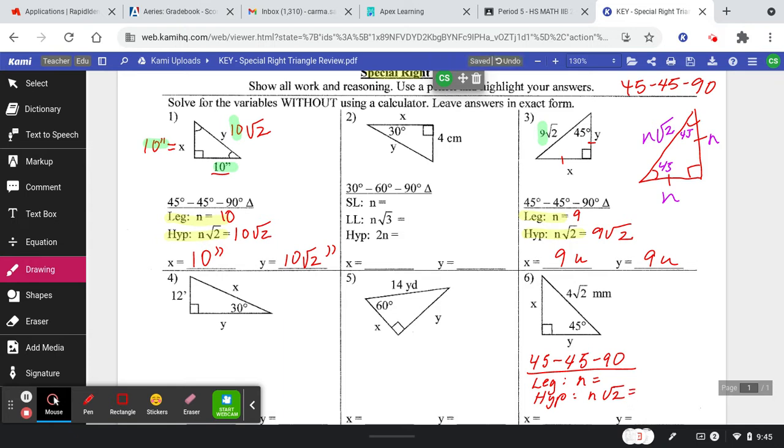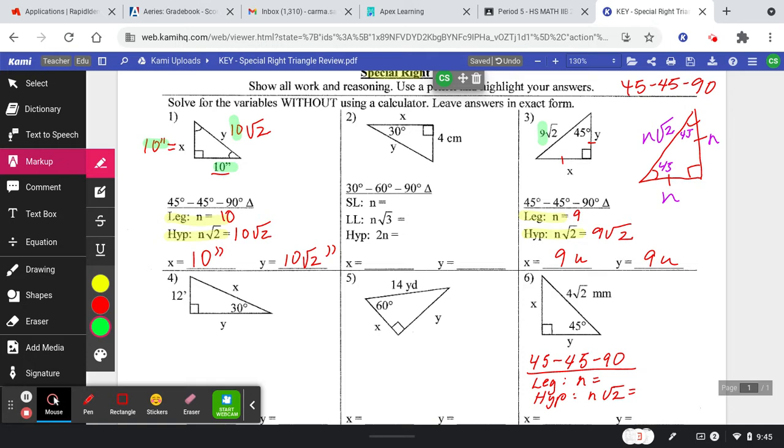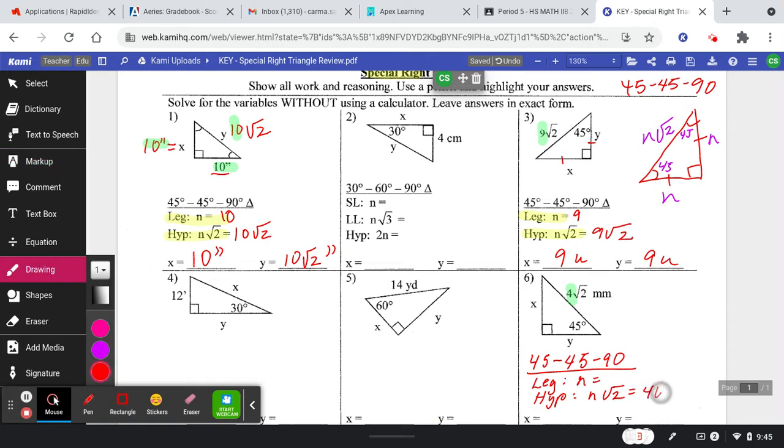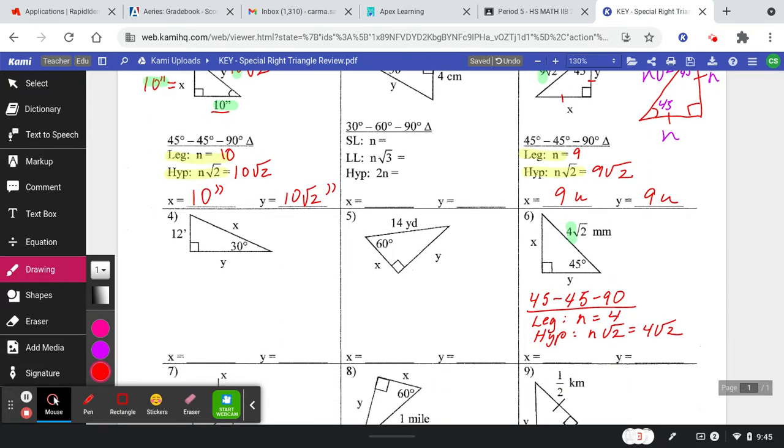So my side length was given to me as the hypotenuse again. Here's that 4 root 2. So that means that my side length is just going to be 4. Is everybody okay with that? So my x is going to be 4 millimeters, and my y is the other side length that's equal, also 4 millimeters. How did you do?